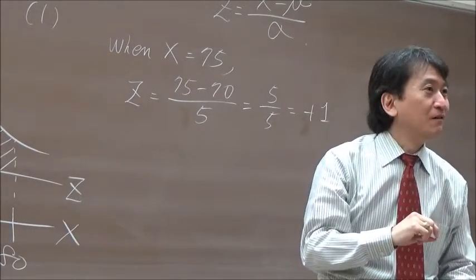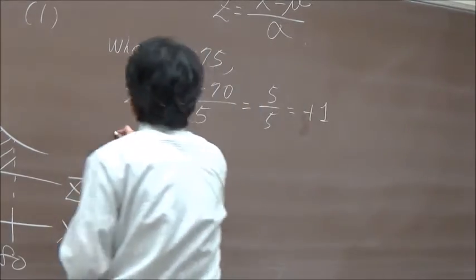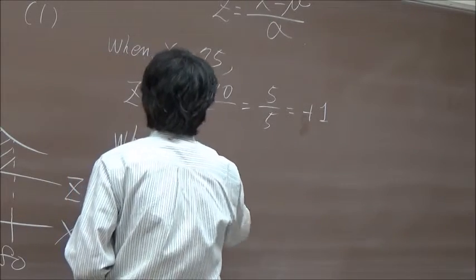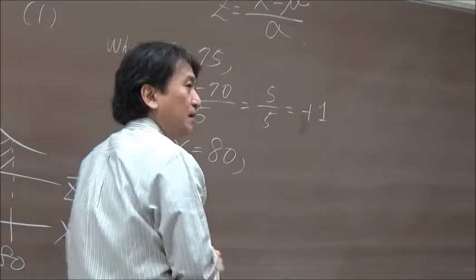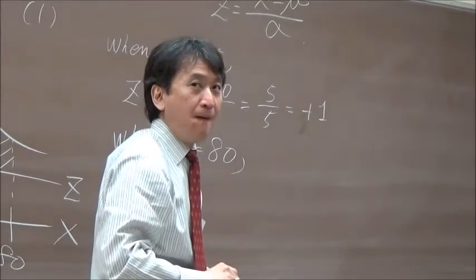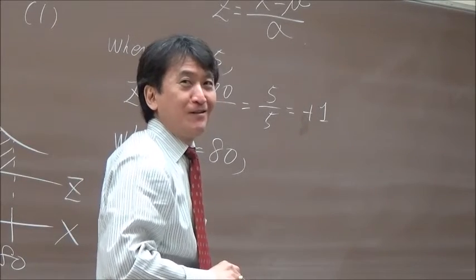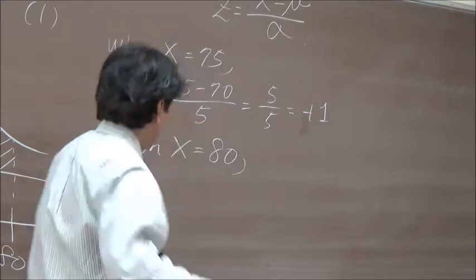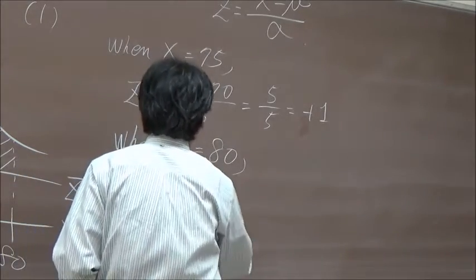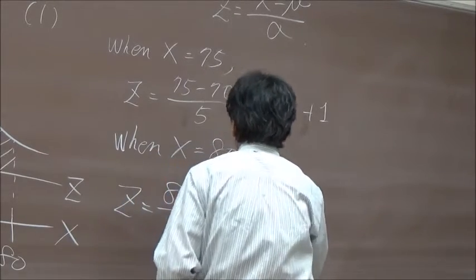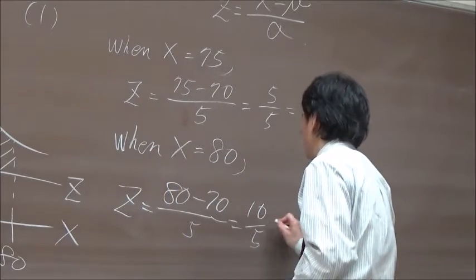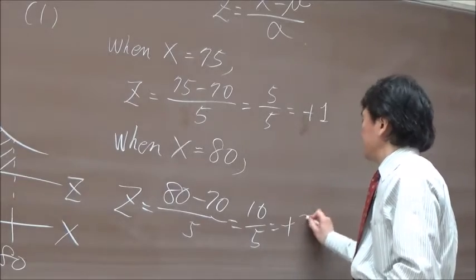Excellent. Right? Then what about the other one? When x equals 80. Someone else. 80 minus 70 over 5. 80 minus 70 over 5 equals 10 over 5 equals 2. Exactly.